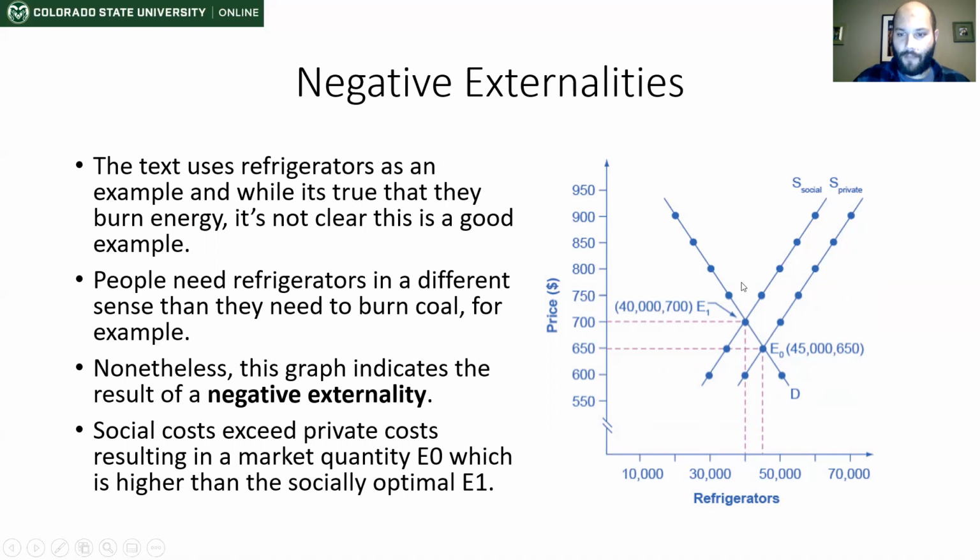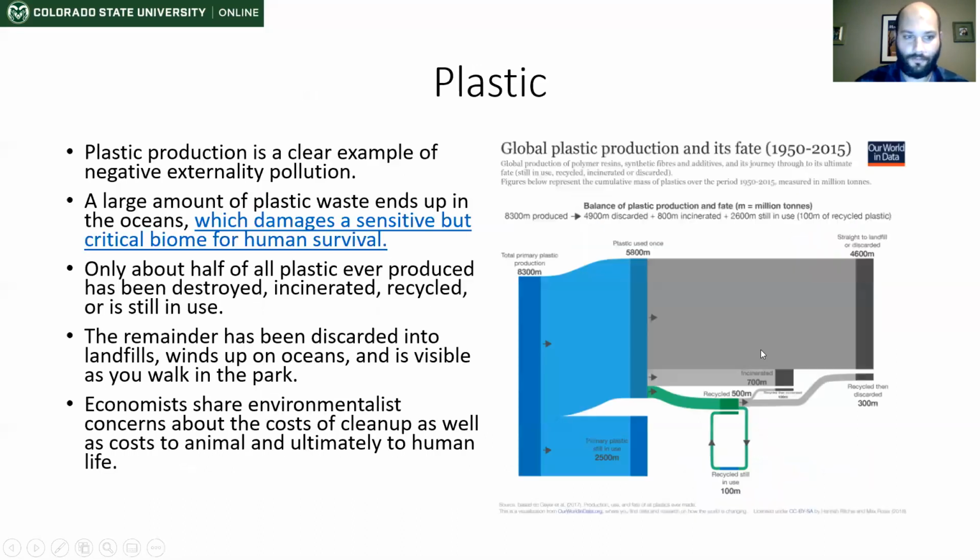Ultimately, there's going to be some higher costs, or the social supply curve is shifted left because there's going to be some sort of either cleanup cost or some sort of cost related to environmental damage, loss of animal life, and so on. Right, and some people believe that this supply curve is actually shifted much further. We would like to have much less plastic pollution.